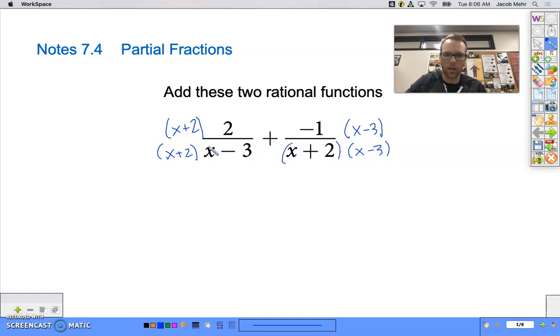Now taking a look, they both have the same denominator now. So let's distribute this 2 on the top, and this minus 1 in the numerator here.